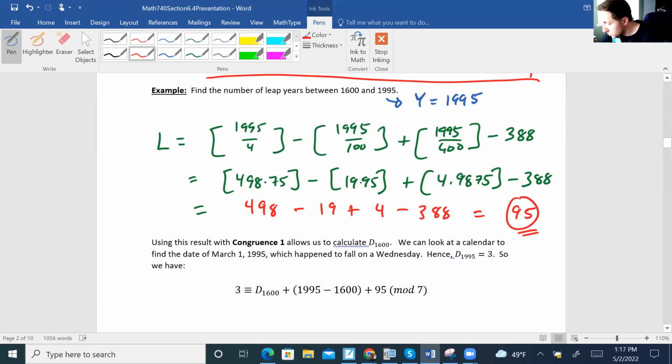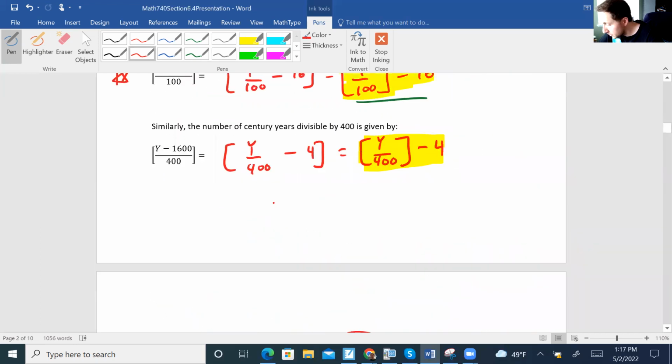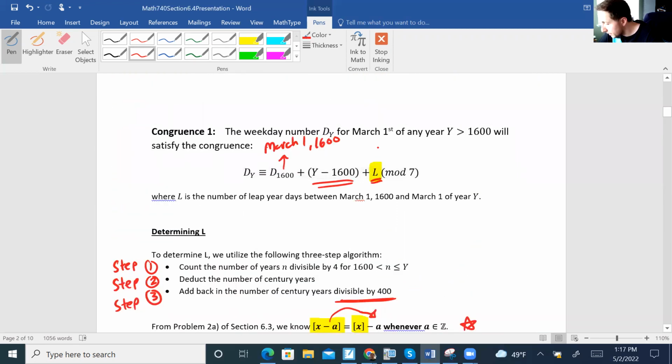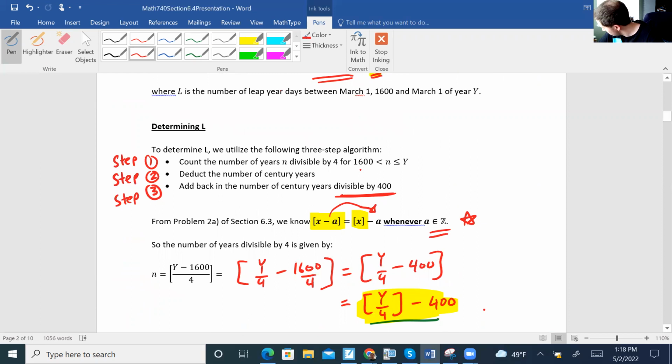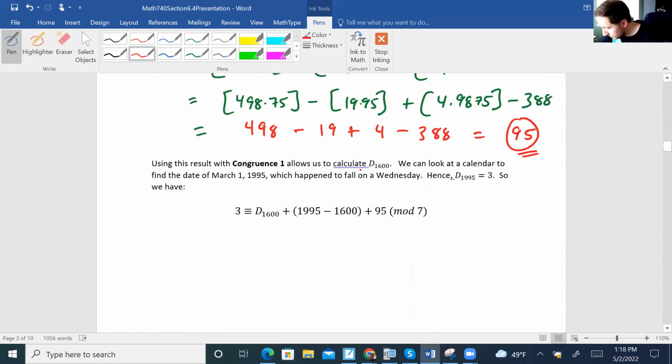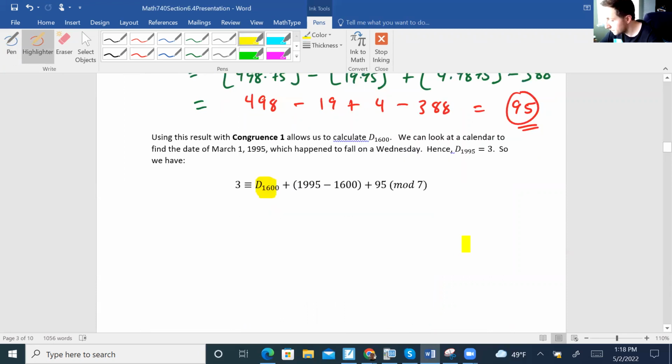Using this result with congruence 1. So congruence 1 we had labeled previously. Let me go back and find it. Here was congruence 1. So what we can do now is substitute in our expression for L. If we wanted to look at our calendar and figure out what day of the week March 1st of 1600 fell on, we can actually solve backwards, because if we look at a calendar, we can go to March 1st, 1995 and see that it happened to fall on a Wednesday, which is why we're substituting into 3 over here.